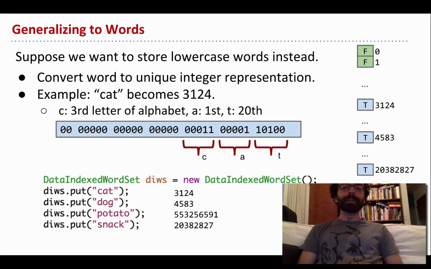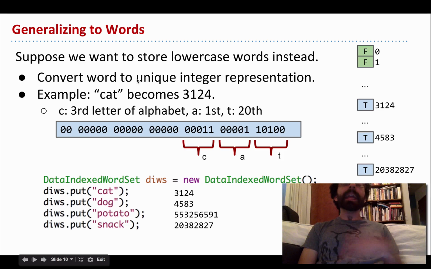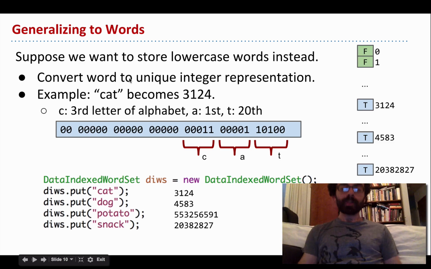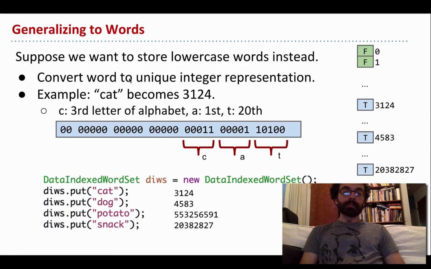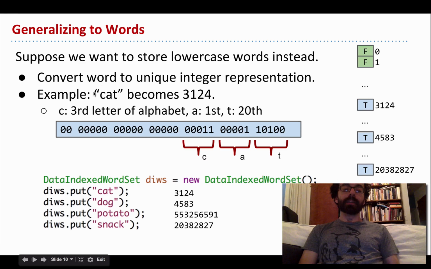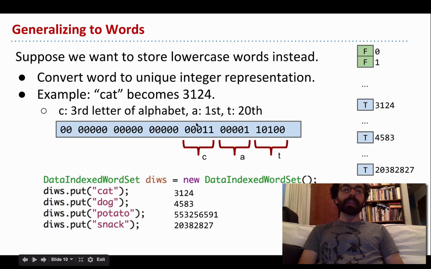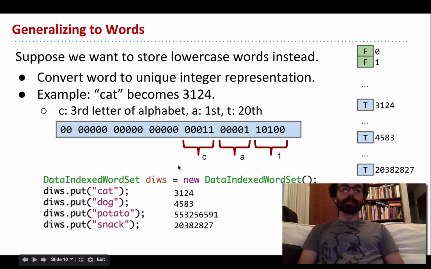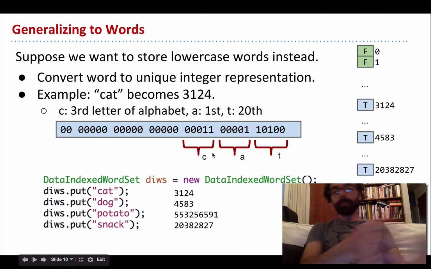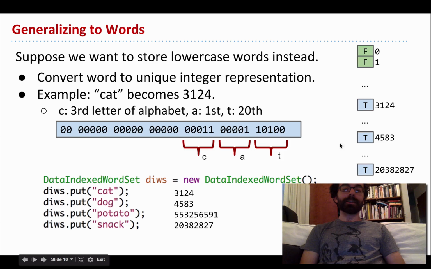So suppose we want to store lowercase words instead of storing integers. So what we can do is take each word and turn it into some unique integer representation. So what I'm proposing here for the word cat is let's take each letter and use it as a 5-digit binary number and just stick all the binary numbers together to form one giganto number that we can use as an index.